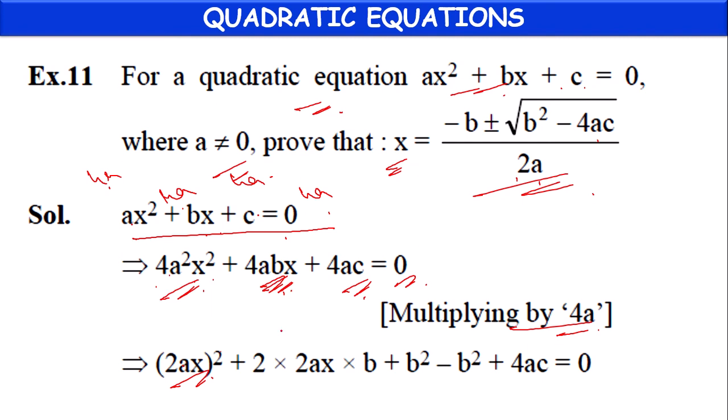Now this 4a square x square can be written as 2ax whole square. This can be written as 2 into 2ax into b, which means we have written it in the form of x square plus 2xy, where in the place of y we have b. So y square to be added, y square to be subtracted, so b square to be added, b square to be subtracted. The remaining term 4ac we will write.